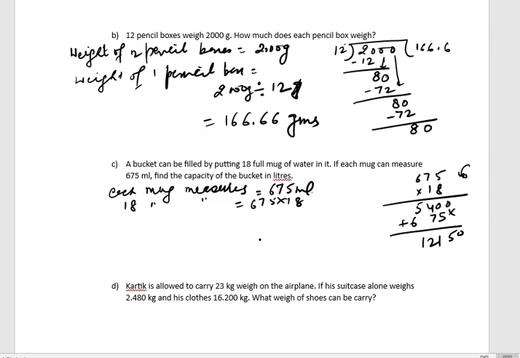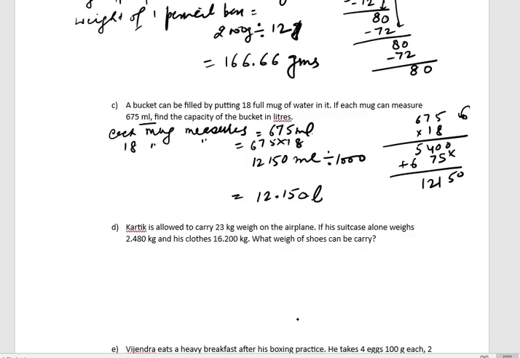So it is 12150, but it is measuring in milliliters. We know that there are 1000 milliliters in 1 liter. So divide by 1000, it will become 12.150 liters.